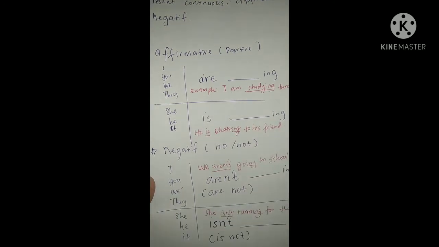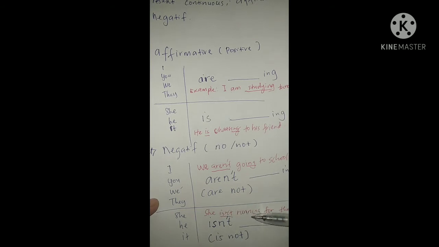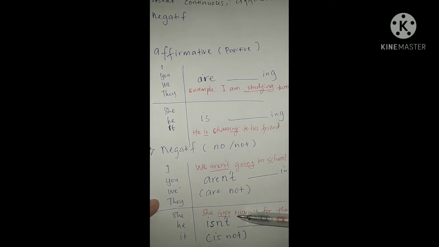Plus ing. For I, you, we, they, for negative, we add aren't and the verb plus ing. For she, he, it, we add isn't, and then the verb with ing.